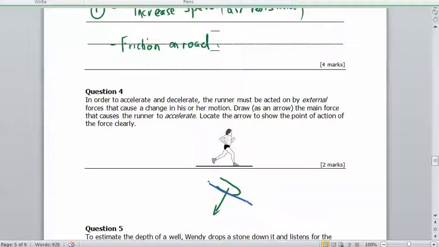You're actually pushing the ground at an angle, and the ground is pushing you. So what law is that referring to? Newton's third law. A runner is pushing down on the ground, and the ground is then pushing back.